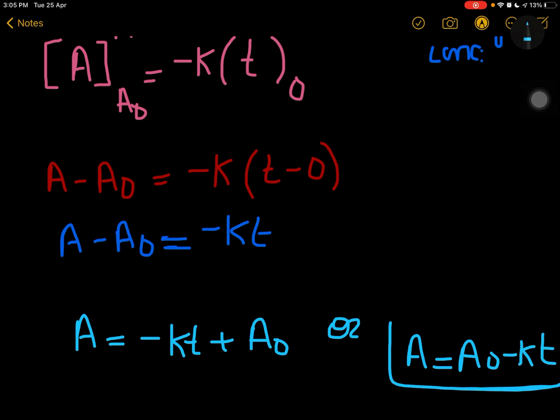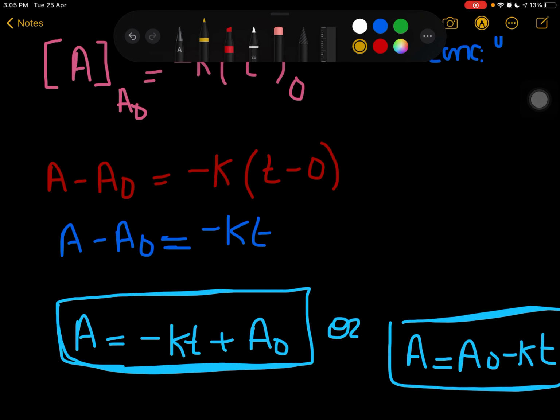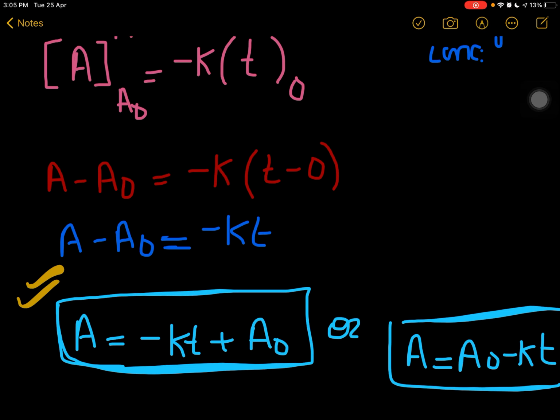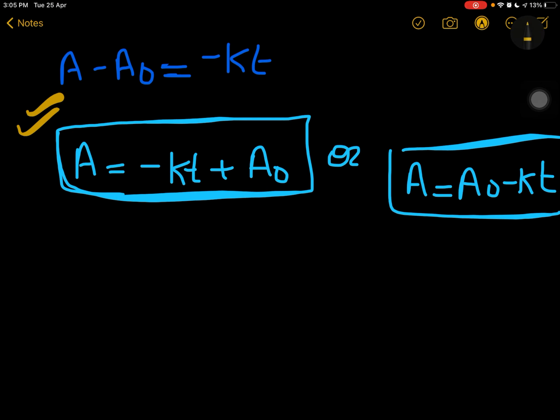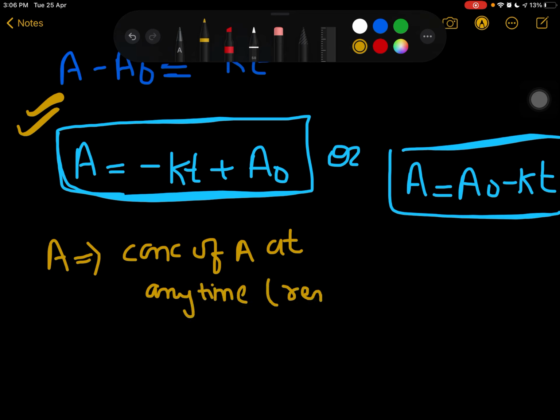This is the formula that you have to basically learn, and this is the most important formula, right? Here A is your concentration of A at any time. Basically, it is your remaining concentration after the reaction.